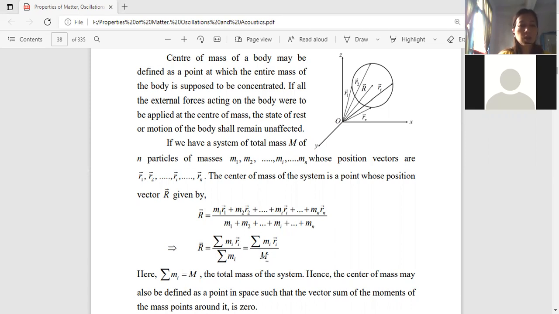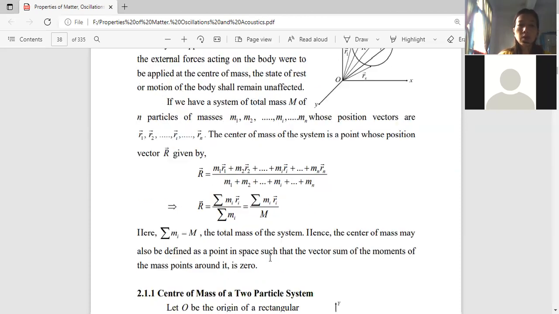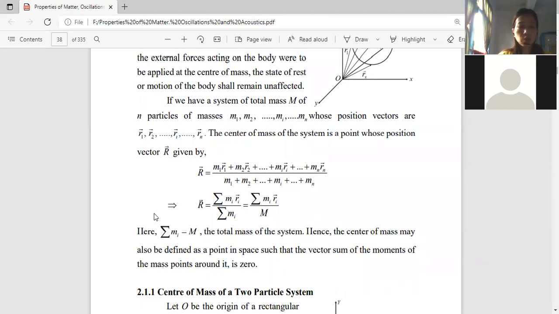So as I have said, the sum of all the m's is taken as capital M. So instead of the summation of Mi, we can write capital M, and thereby we get this equation: vector capital R is equal to the summation of Mi Ri divided by capital M, the center of mass of the whole system.